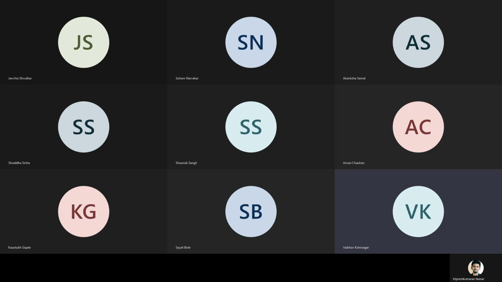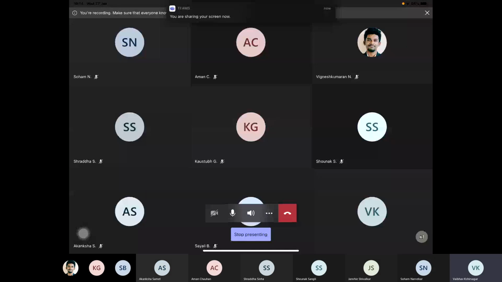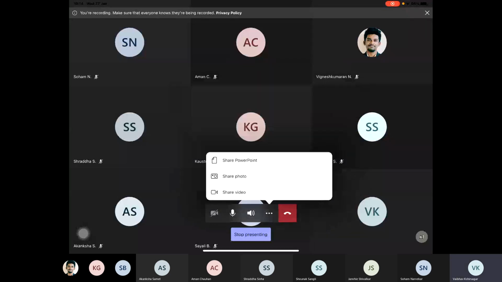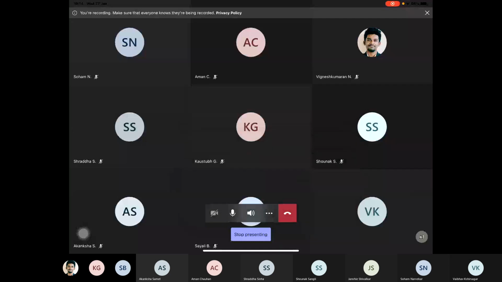I hope the screen is visible to you. Please tell me whether my screen is visible, because right now I'm sharing my screen with you. You might be visualizing my screen of a Teams app.